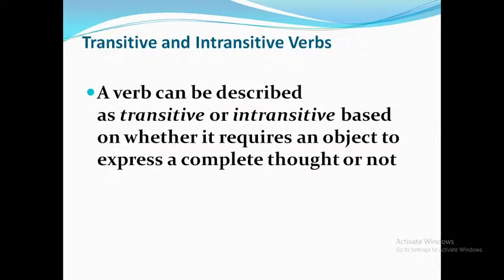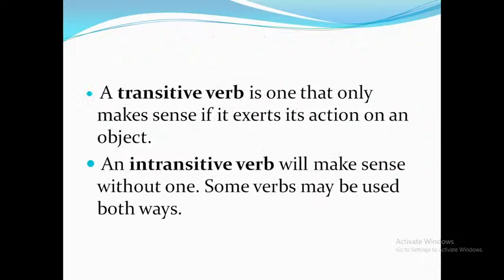A verb which is followed by the object is called transitive verb. जैसे कोई भी verb के पीछे object है तो वो क्या रहेगा? It will be transitive verb. But when you do not find any object just after the verb, that sentence will be what? Intransitive verb. So again, a transitive verb is one that only makes sense if it has an object.